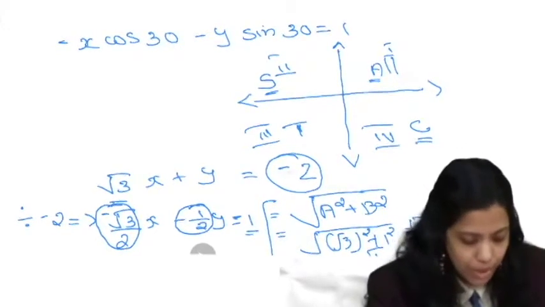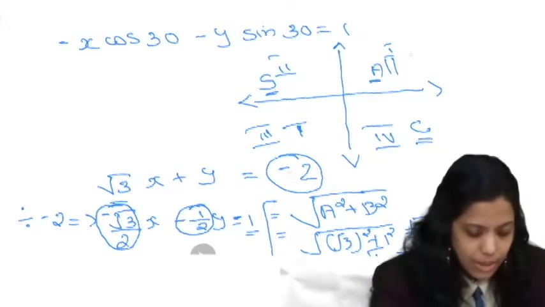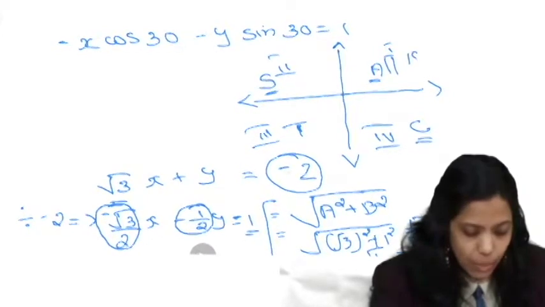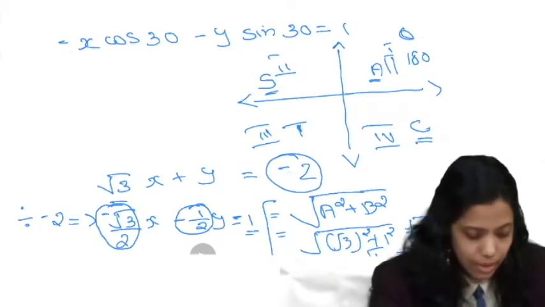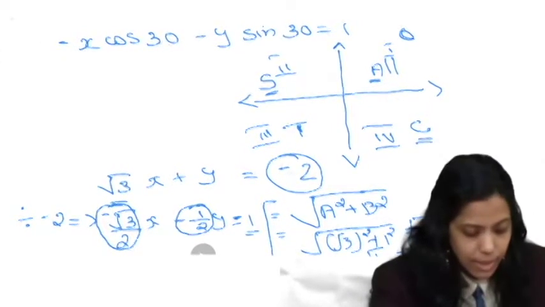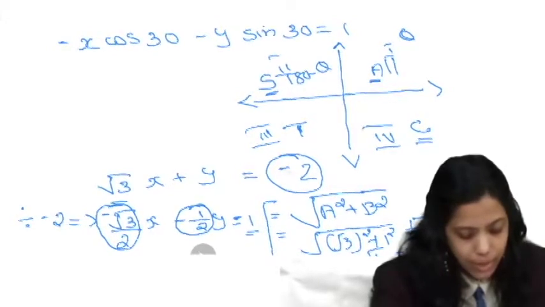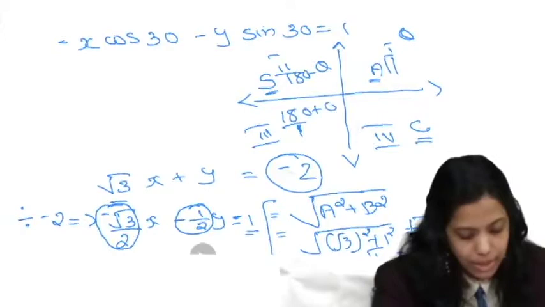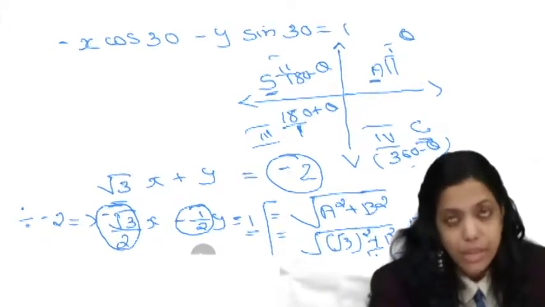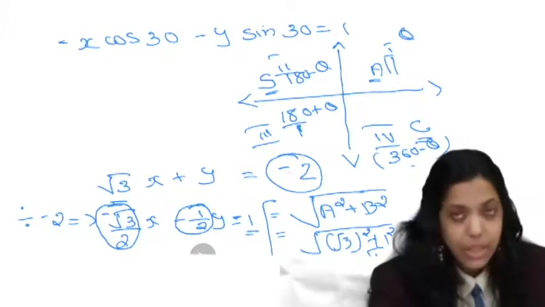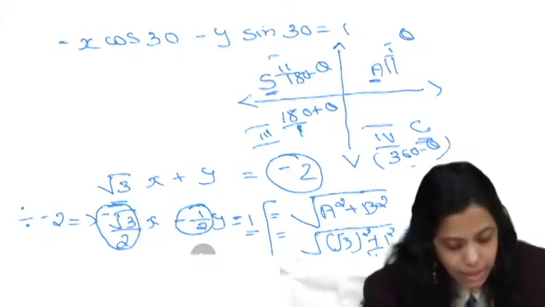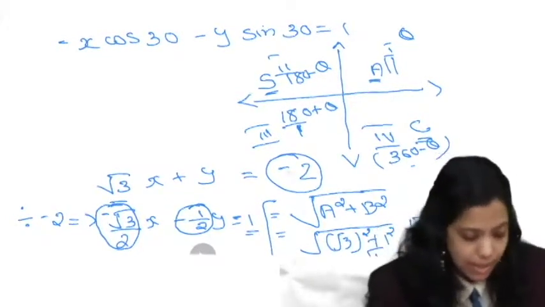So the first one is theta, the second one is 180 minus theta, the third one 180 plus theta, and the last one 360 minus theta.